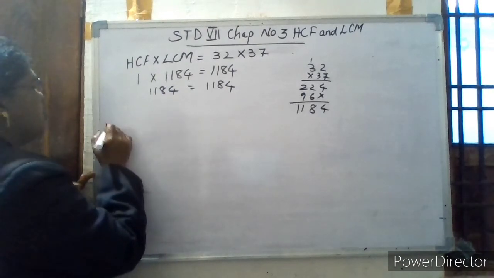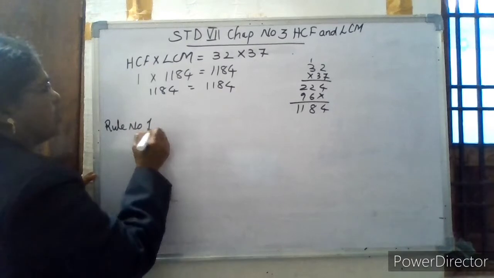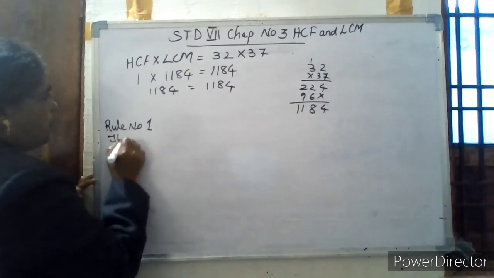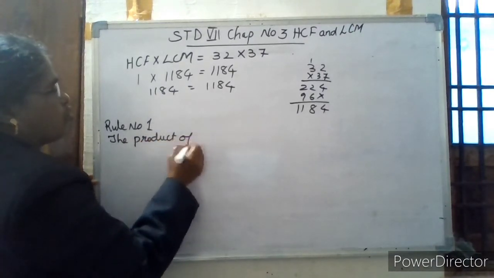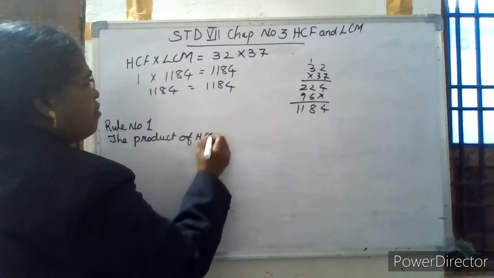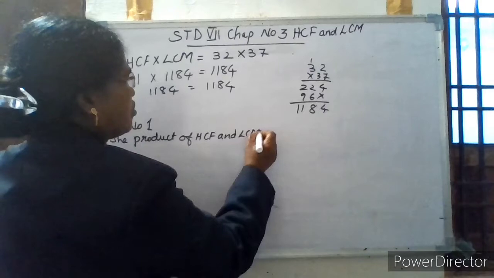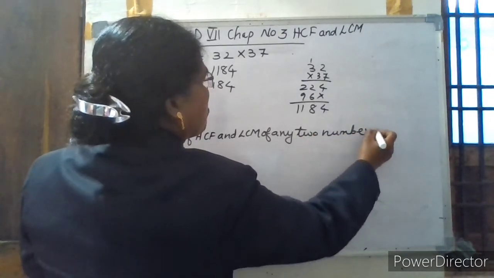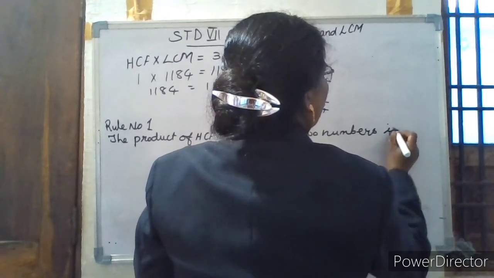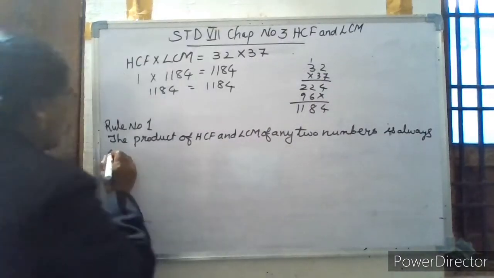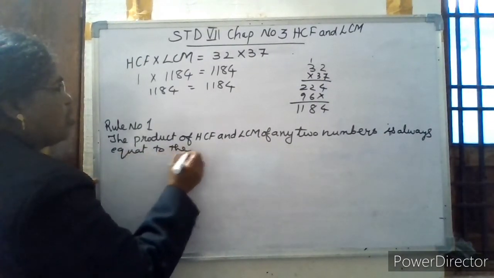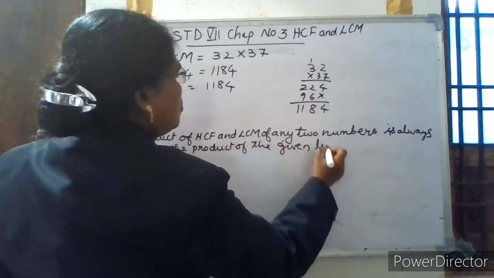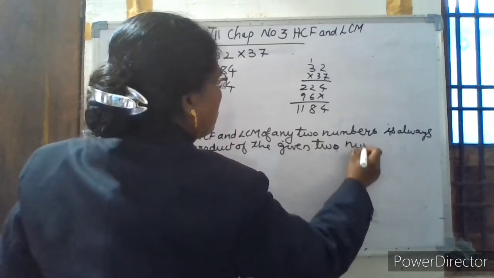That is rule number 1 we learn: the product of HCF and LCM of any two numbers is always equal to the product of the given two numbers.